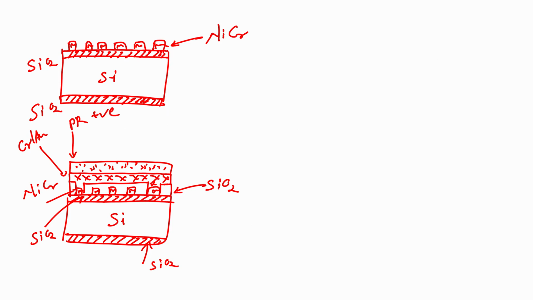Soft bake is at 90 degrees for 1 minute, followed by loading the mask, and this mask is a bright field mask.